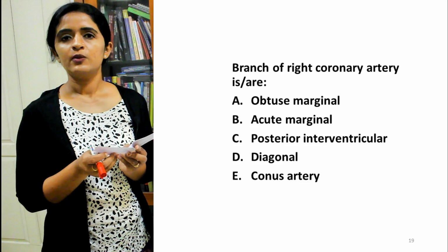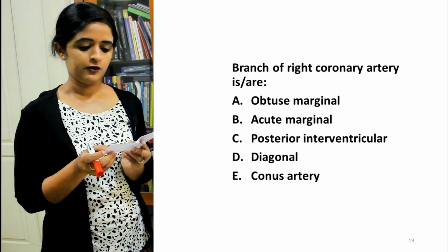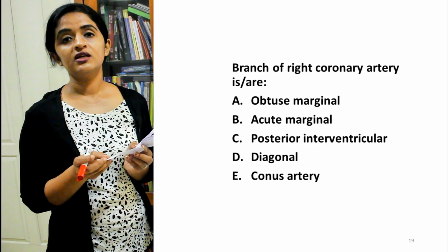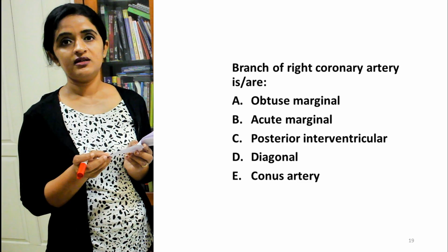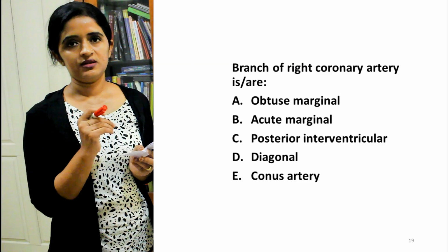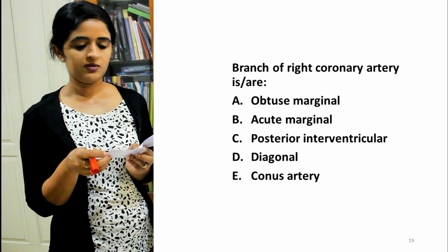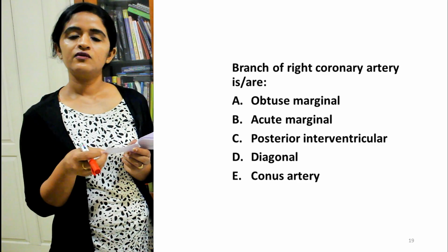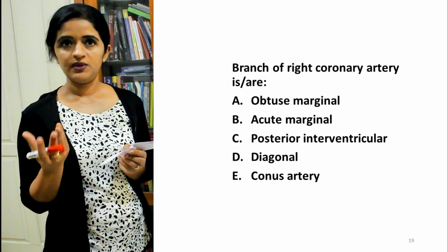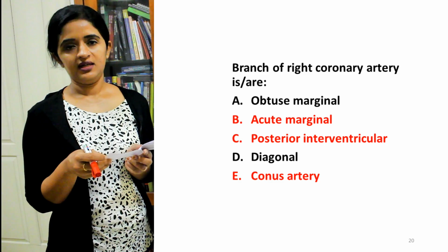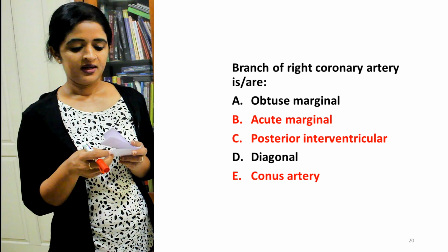In most of the cases, posterior interventricular is arising from right coronary. Diagonal, no. Diagonal is actually the ventricular rami of the left anterior descending, which is arising at the junction of the circumflex and left anterior descending. So it is a branch of left coronary. It is not a branch of right coronary. Conus artery you can get from the right as well as from the left. So it can be a branch of right coronary artery as well. So B, C and E are the options.